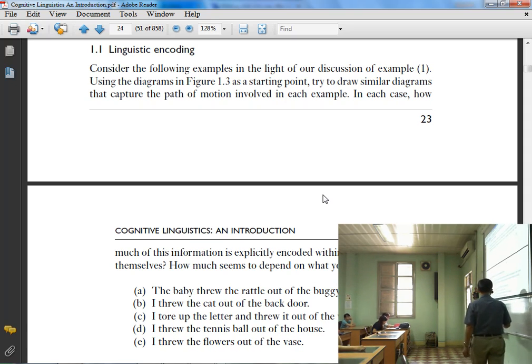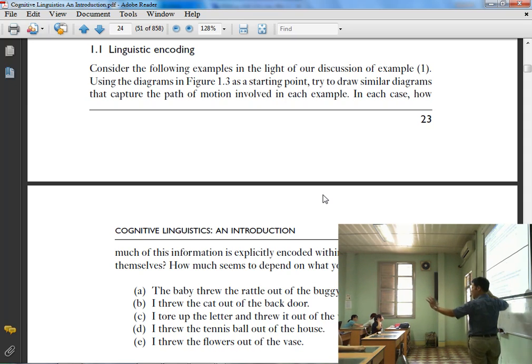Okay. Now, in example B, "threw the cat out of the back door." Now, in this case, another concept is the surface. The surface this time is no longer a box or a enclosed space. Instead, throw the cat out of the back door. It's like this. This is the door. Okay, it's flat.